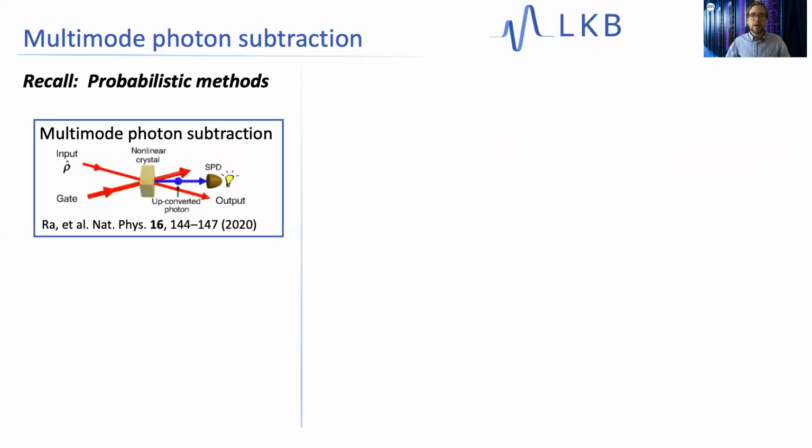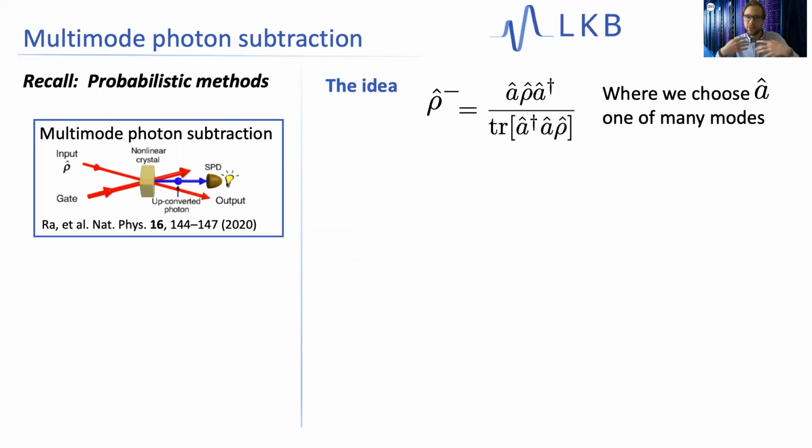Well, let me get back to this picture that I showed before. So this is what we want to do. We have a big multimode state, and we want to subtract a photon wherever we want. Basically, the idea is that we want to take our global state and choose a mode, and remember that superpositions of modes are also modes.